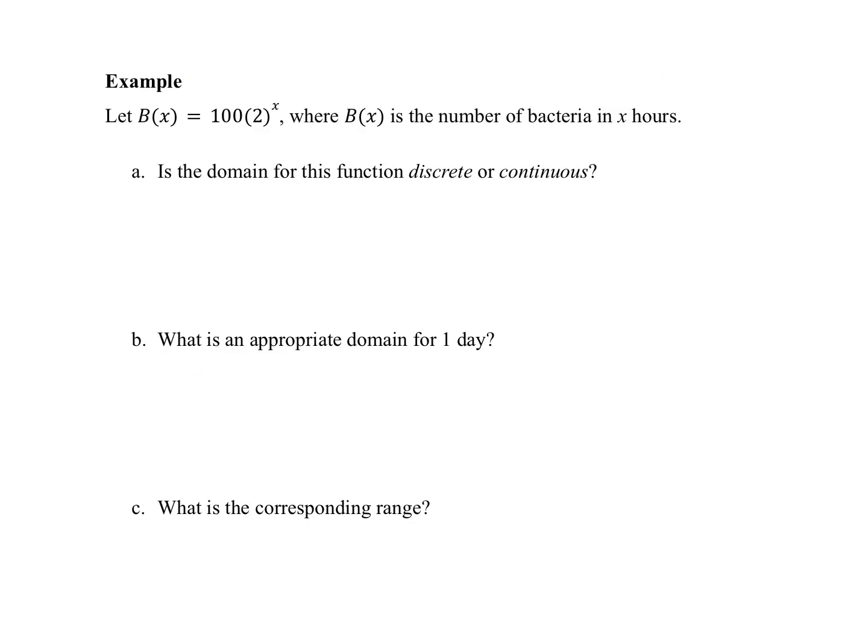Okay, so let's see these in action. So let's take this situation. There's usually a big context around that, but we don't need this. But we have this function. B of x is 100 times 2 to the x, where B of x is the number of bacteria. So that's the output, number of bacteria in x hours. So x is the input. That is our domain.